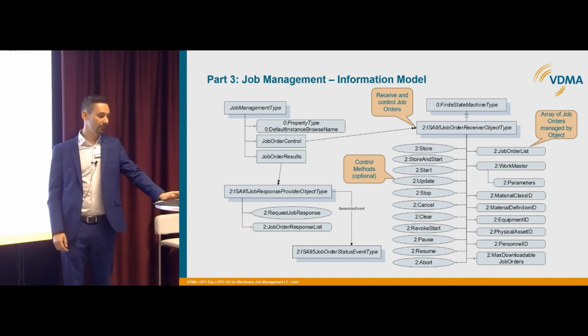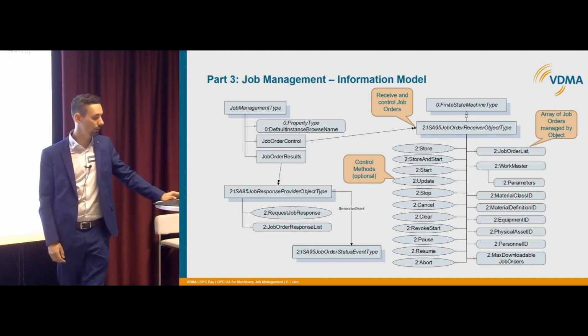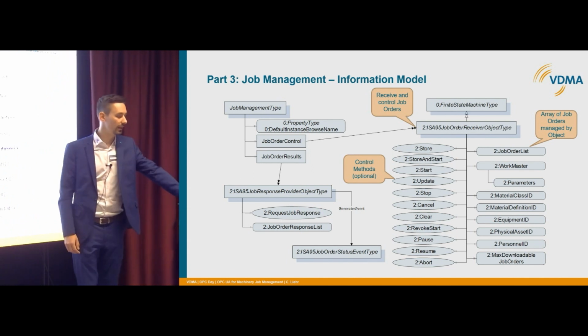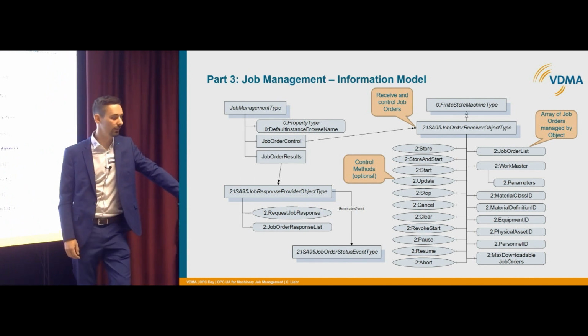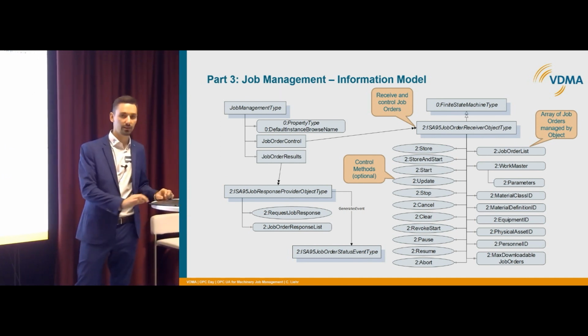And a very important variable you can see on the right side is called the job order list. The job order list is an array of jobs that have been received by the machine. And very important here is the order of the execution of the jobs in this list.